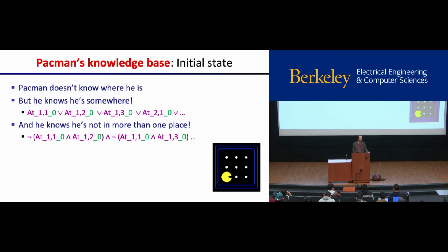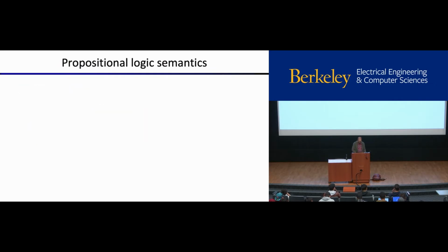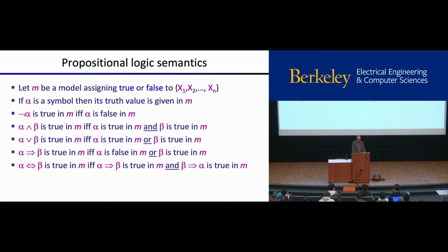How do you use these symbols to say that? Yes, in first-order logic we can do that. We can say, for all pairs of locations, x and y, if x does not equal y, that implies that Pacman is not at location x and at location y.